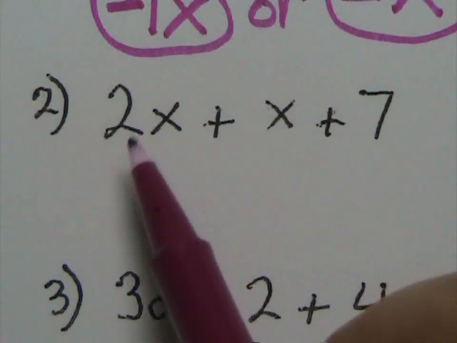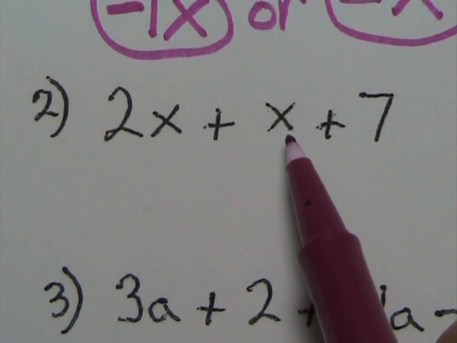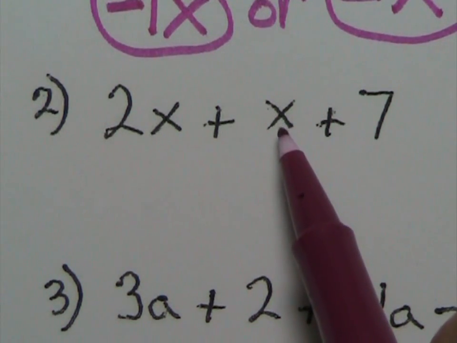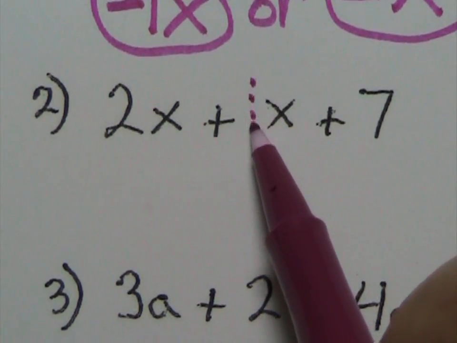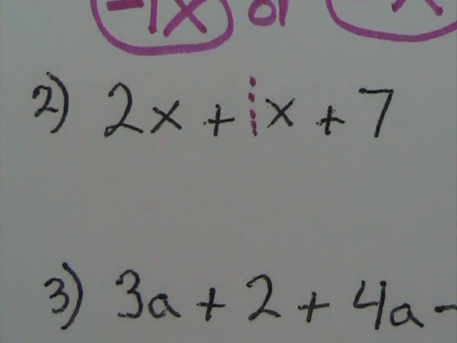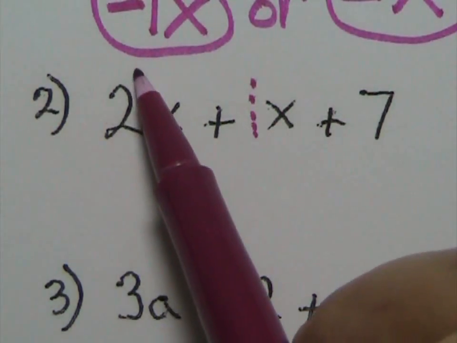Okay, on number 2, I do have like terms. I have a 2x and an x. Now, there's a number in front of the x. You can't see it. It's invisible. It is the invisible, miserable 1. It's miserable because 1 is the loneliest number. So I have a 2x and a 1x.